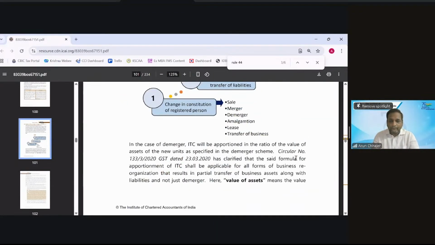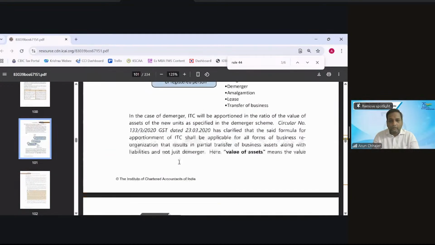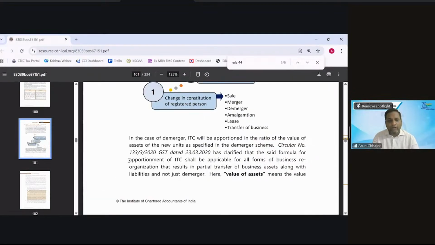Similarly, the circular 133 has clarified that said formula for apportionment of the ITC shall be applicable for all forms of the business reorganization that result in the partial transfer of the business asset along with liability, and not just demerger.